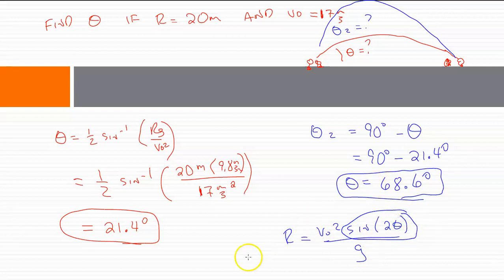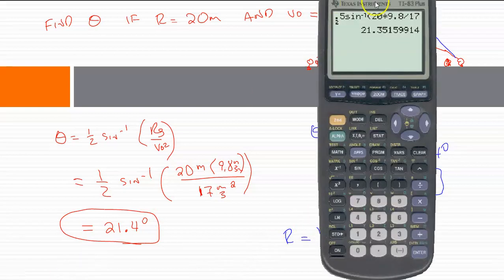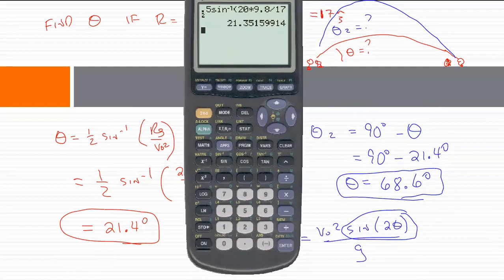And watch what happens right here. When I come in and I put these two angles in, if I say give me the sine of 2 times 21.4, that would be this first angle, then I get 0.679. And if I say give me the sine of 2 times the second angle, 68.6, I'll get exactly the same thing.